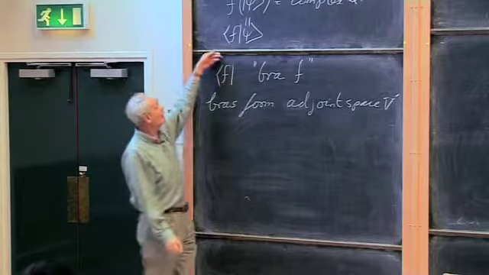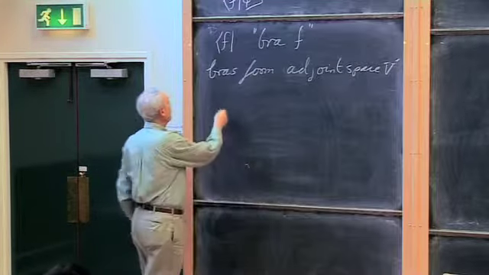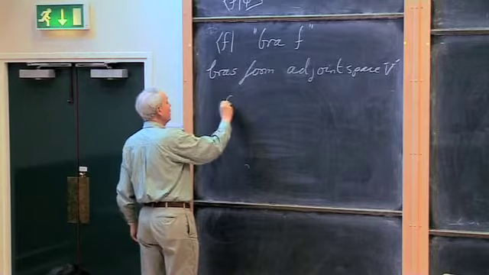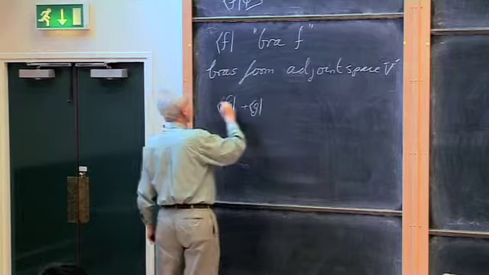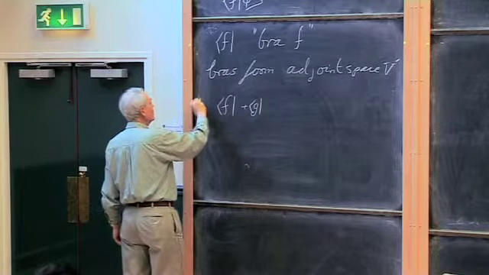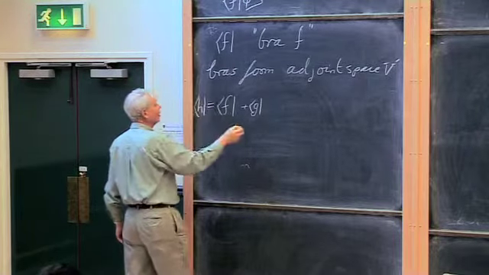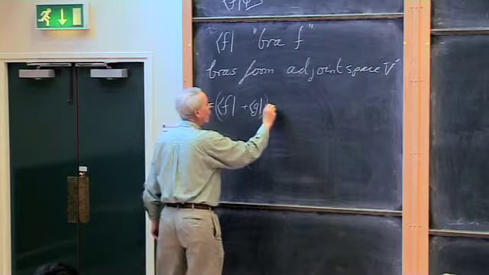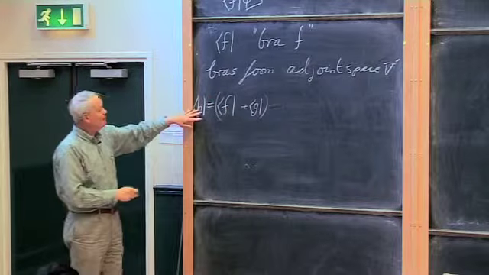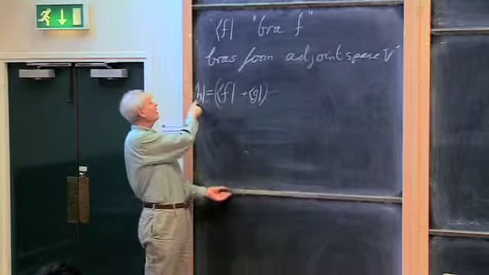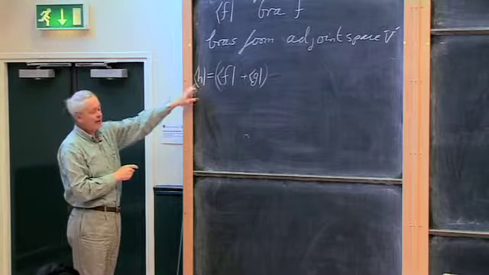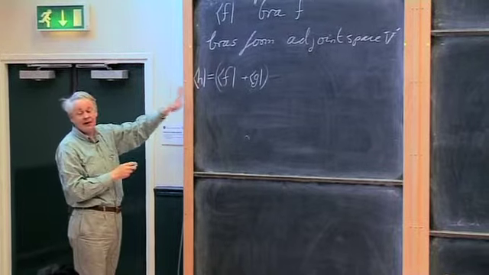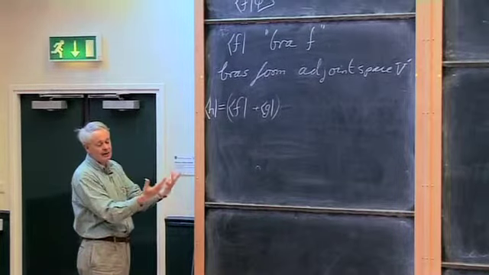Because I know what it is to add two bras. If you give me a bra F and a bra G, I can form a new bra. Let's call it H for originality. In order to give meaning to this, I need to know what H does to any state psi. A function is defined by the value it takes on any possible argument.